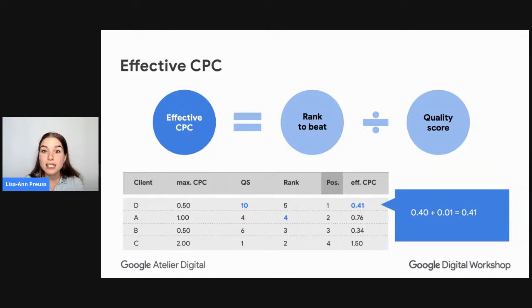And we can see the different CPCs that these clients would be paying for clicks on their ads. And again, it's so interesting to see that client C, who is willing to pay most, would actually have the highest effective CPC because this client has the lowest quality score. And when your denominator is low, the price goes up.